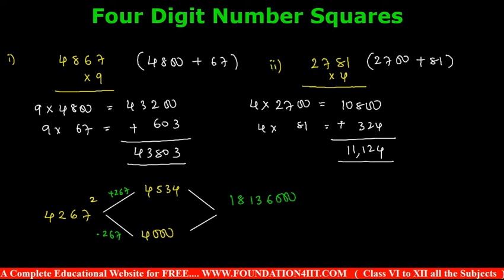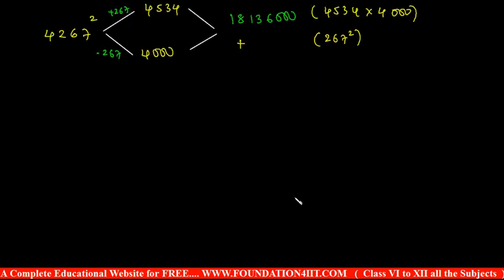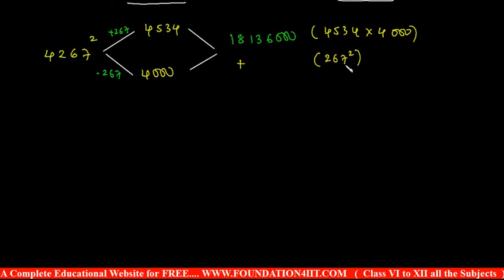Next, our method, as we learned previously, is that we need the square of the plus or minus number, that is 267 square. We add this 267 square to the previous result, and the total is the square of this number. The previous result is 4,534 into 4 with 3 zeros attached. Now 267 square, we already did in 3-digit number squares, so the same concept applies.